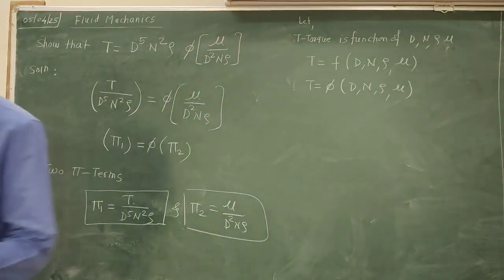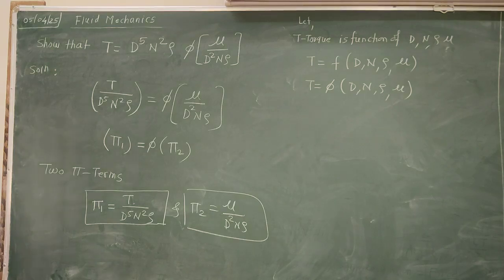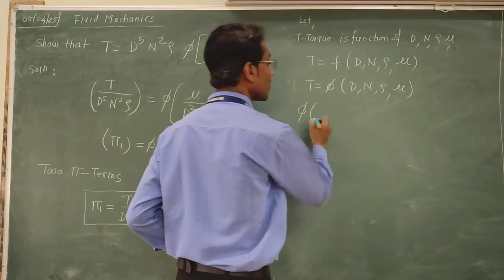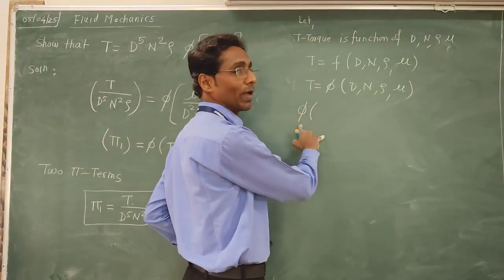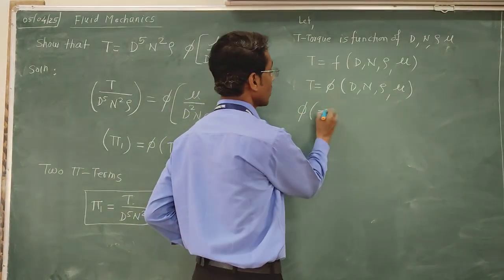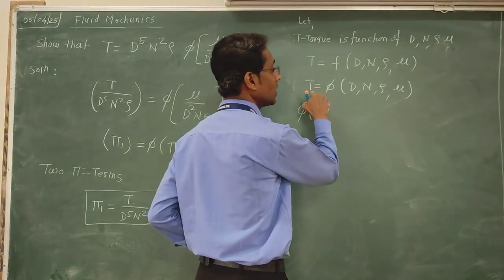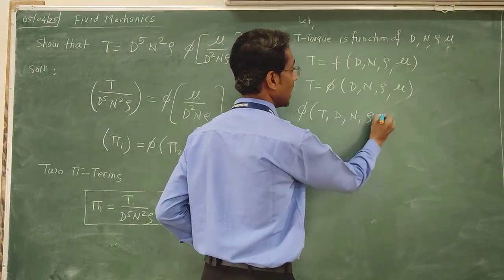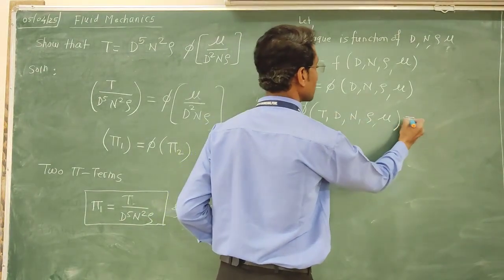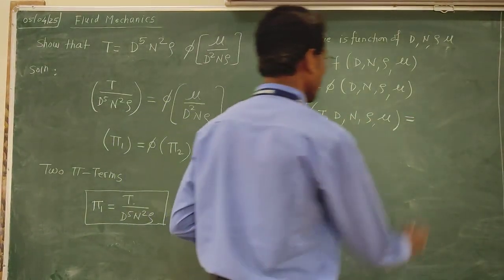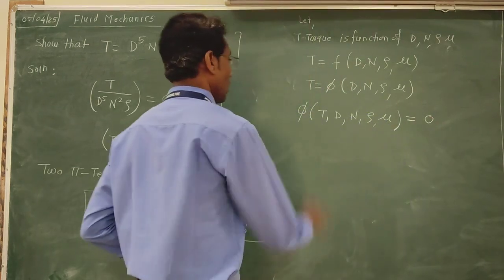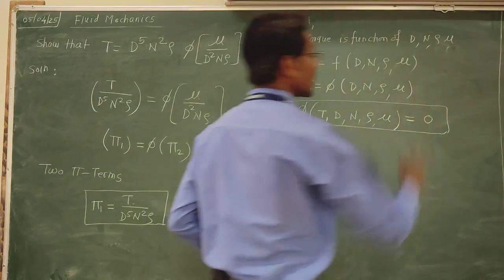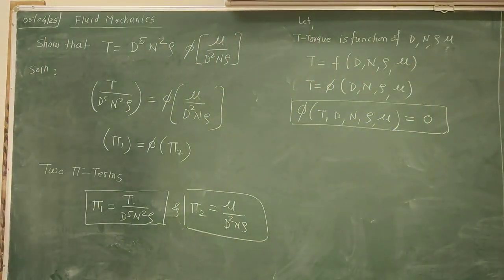Now here, how many total number of variables? Phi is a function of all these variables: T is torque, diameter, speed, density and viscosity, is equal to 0. Now this is what first Buckingham pi theorem statement we have written.